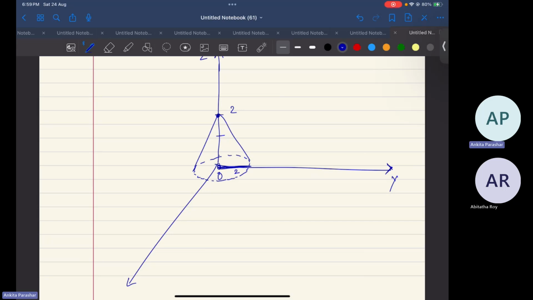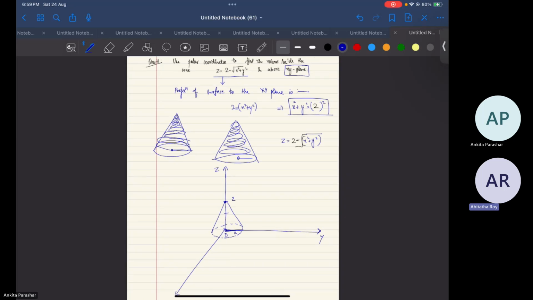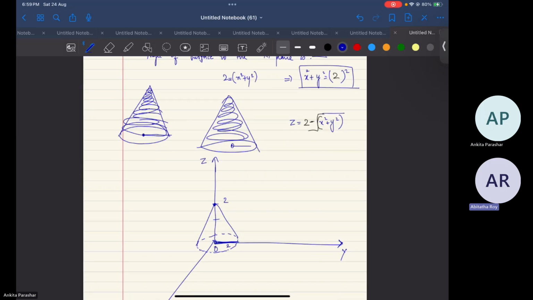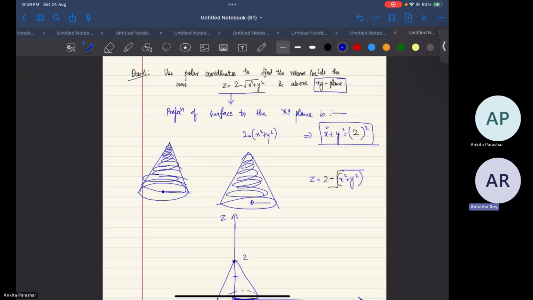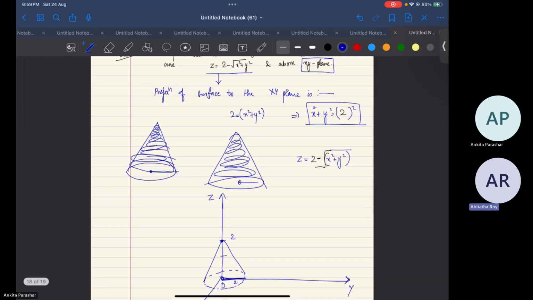Does it help you? Suppose this was an inverted cone and it points at z equal to 2. That means if we tried to find the base, we would find something undefined completely. Suppose we had the equation of a cone which opens upwards and it points at z equals 2 itself.